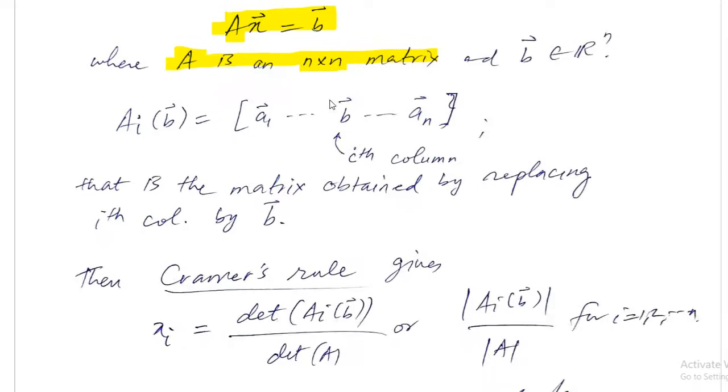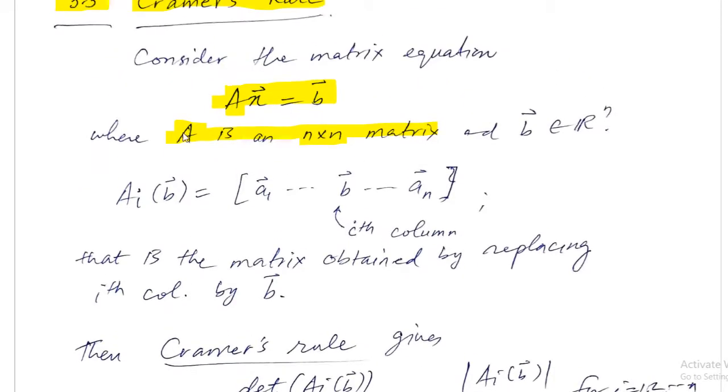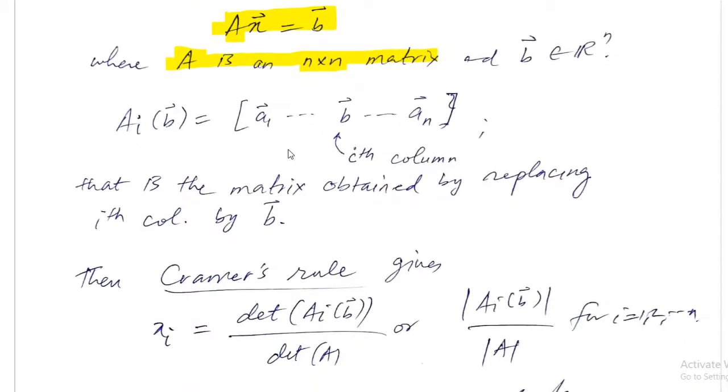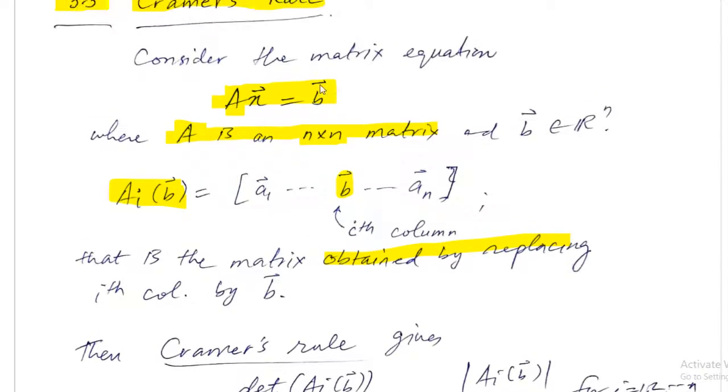Okay. Now you know that A has columns, A1, A2, A3 up to AN columns, right? We use this notation here. This is a matrix which is obtained by replacing the ith column by a vector b, the right hand side. If I remove the ith column in my A and write b instead of the ith column, I will call it AIb.